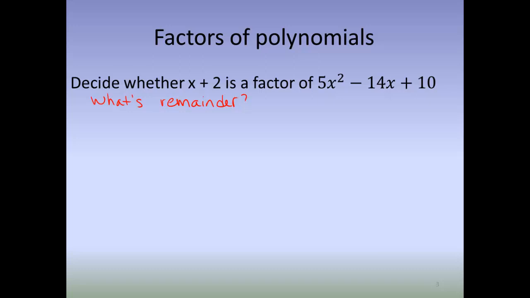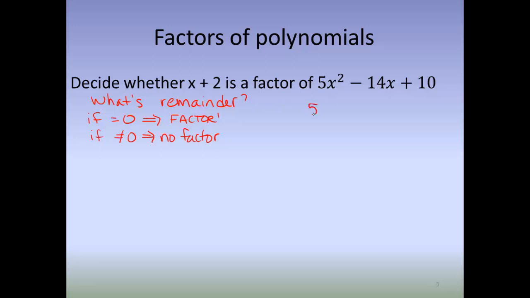For a factor of a polynomial, we're looking at what's the remainder. If the remainder equals 0, that tells me I have a factor. If the remainder does not equal 0, that tells me I don't have a factor. And that's what we're going to do to answer these.